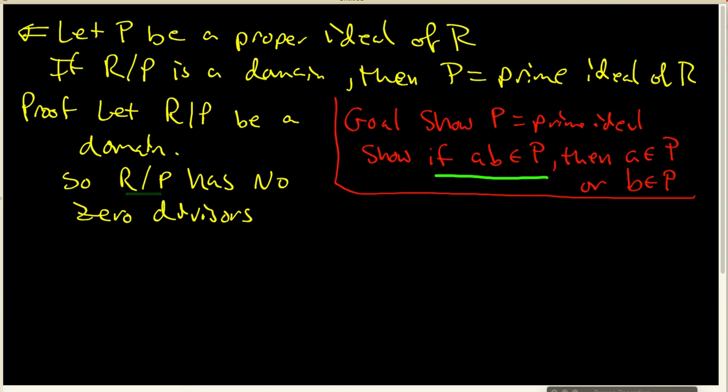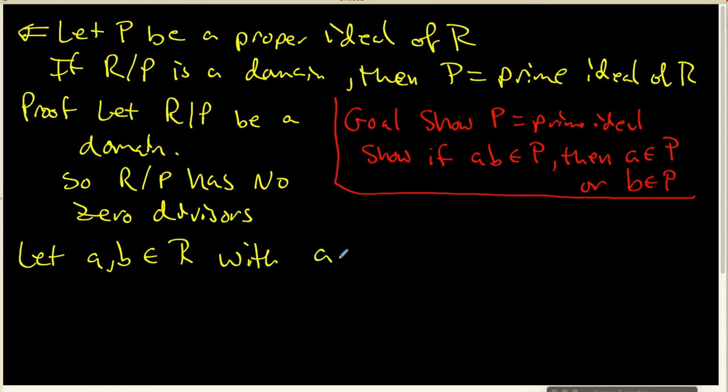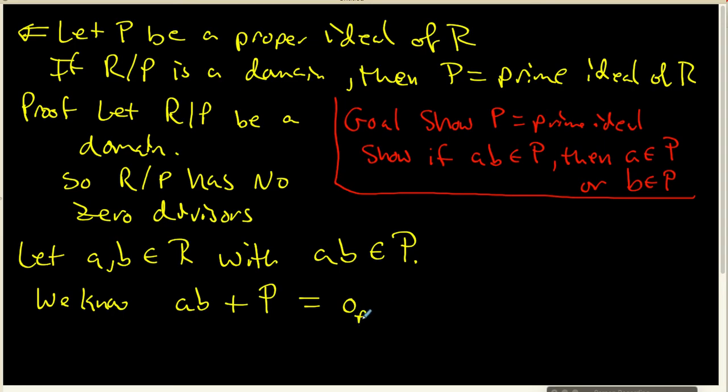So I'm going to actually start with this particular assumption. We're going to let A and B be any elements of R with the property that A times B belongs to P. Now, since A times B belongs to P, we know that AB plus P is equal to the zero element inside our quotient ring.